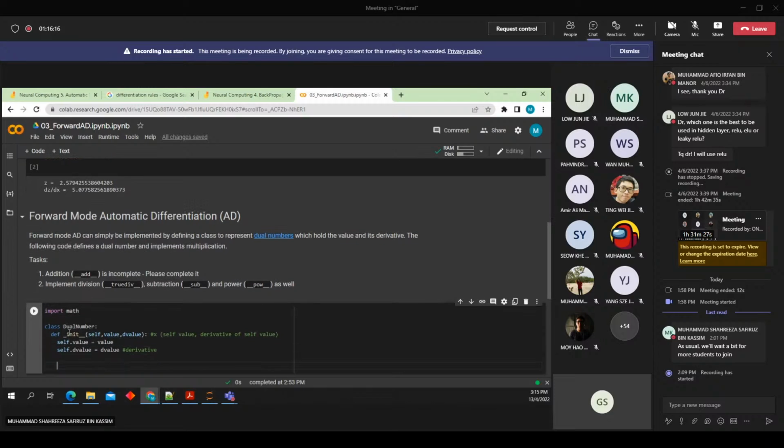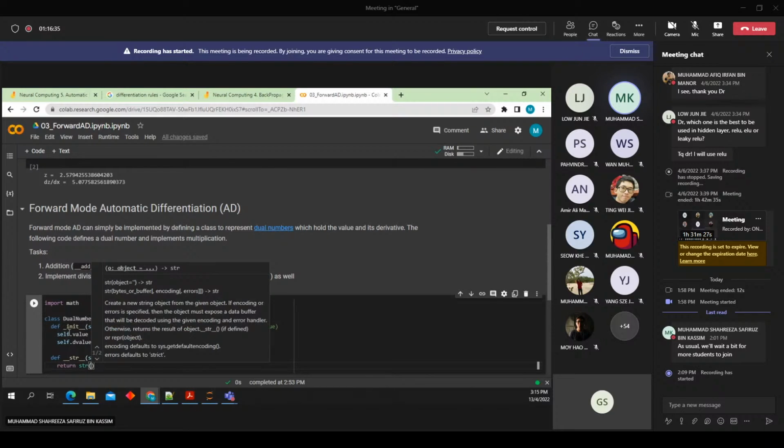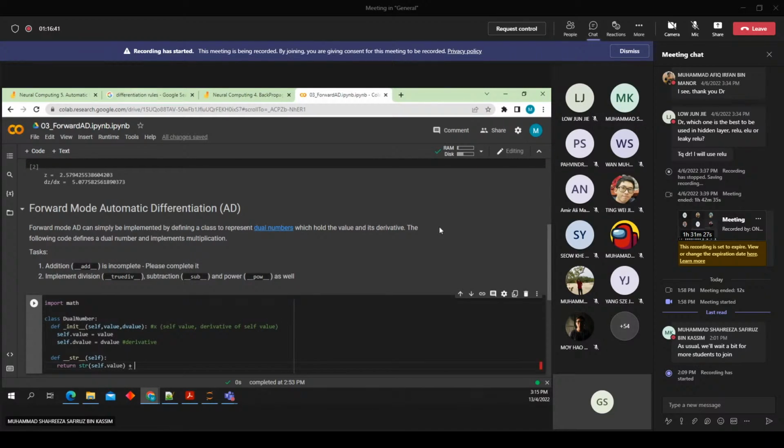Okay. I'm just going to define some string function here so that it can display automatically.